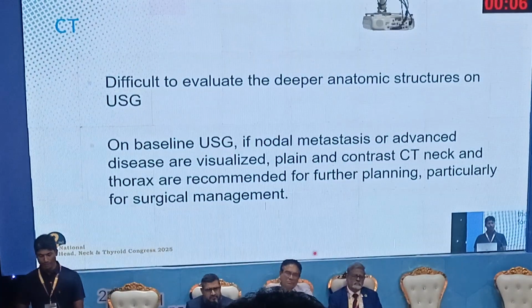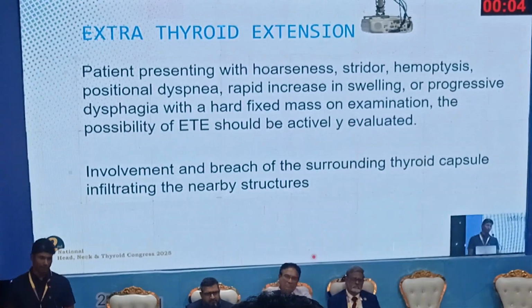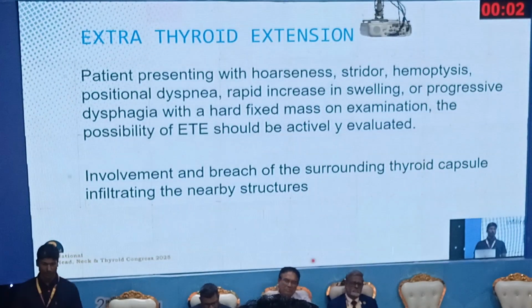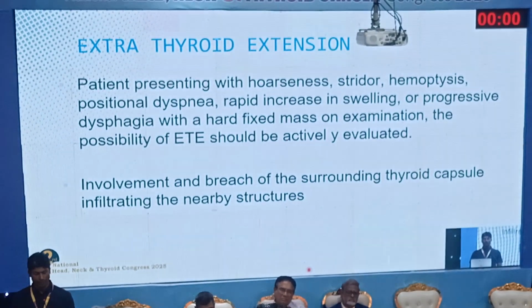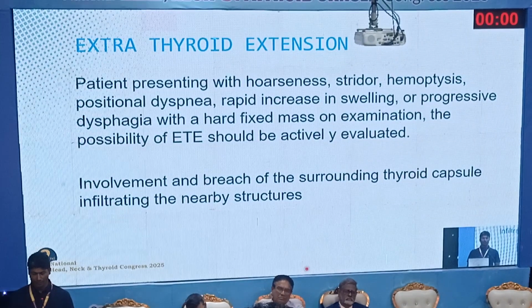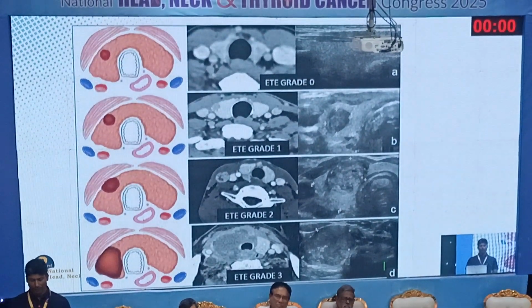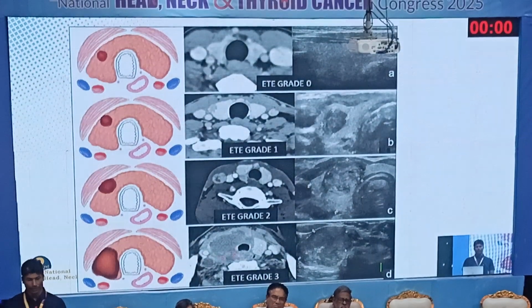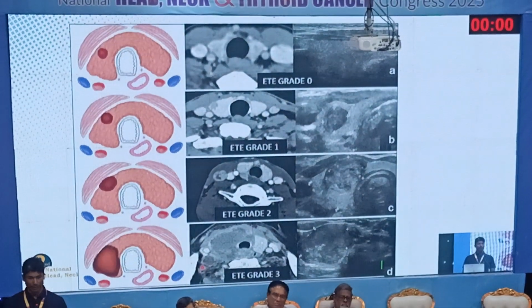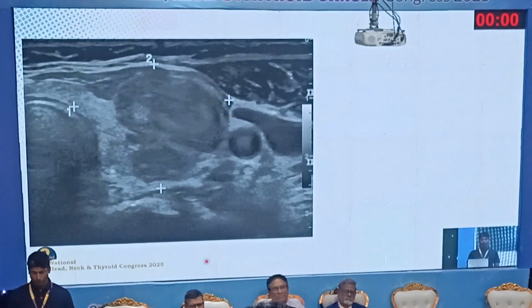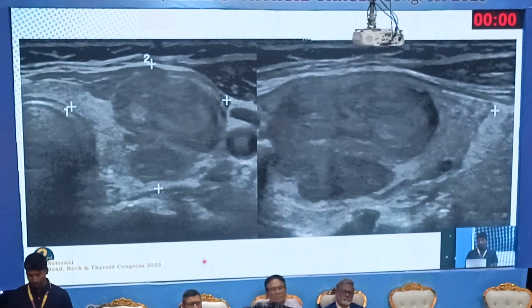And when do we use CT? When there is a frank extrathyroid extension, and you are contemplating anaplastic thyroid carcinoma or a mediastinal extension, then the CT will help us. And this is the ETE grades. The higher the ETE grade, the higher the chances of infiltration of the surrounding structures. So this is an example of the CT.